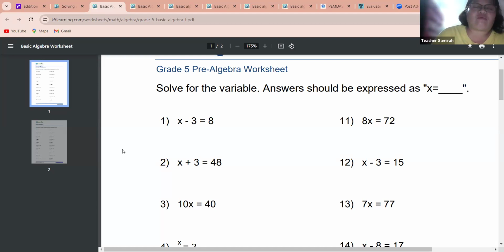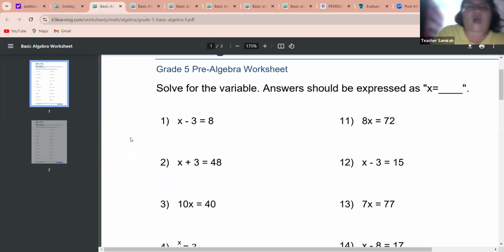Yesterday, I emphasized to you the value of x. We are going to focus on the variable x. As much as possible, we need to make sure that it should always be x. If there is any coefficient beside the x, we need to remove that coefficient and make sure that what remains is always the variable x.